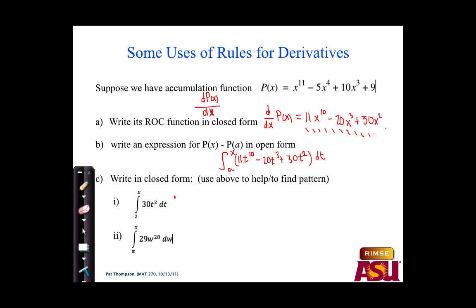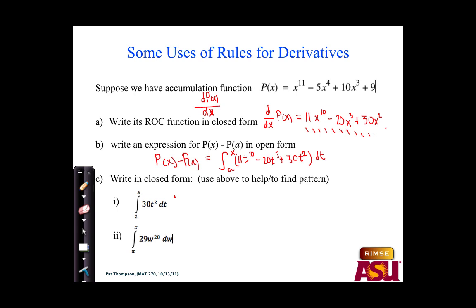So I'm letting t vary from a through x at this rate, and that should give me accumulation like p of x, but only from a to x, so it tells me what happens in function p between a starting point a and a general x, so this is final minus initial. So p of x minus p of a in open form would be this. In closed form, I'd have all of that minus the same expression with a's in those spots.